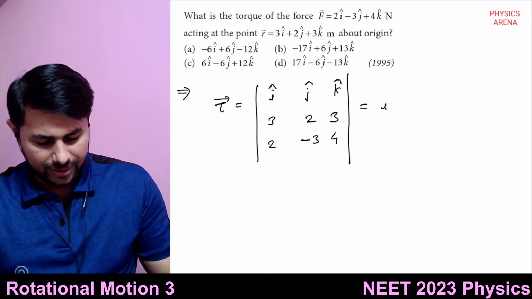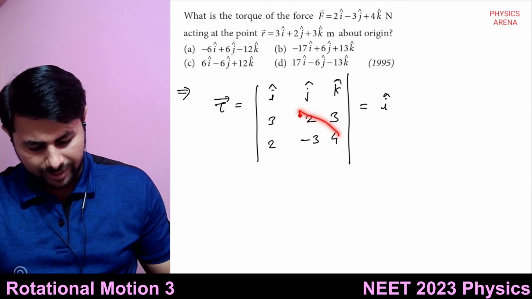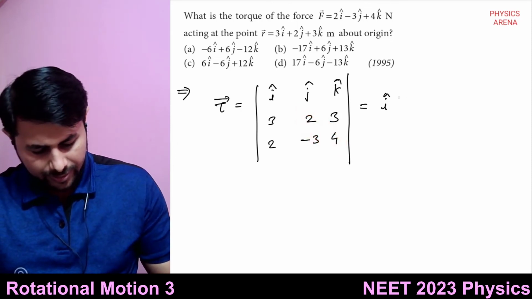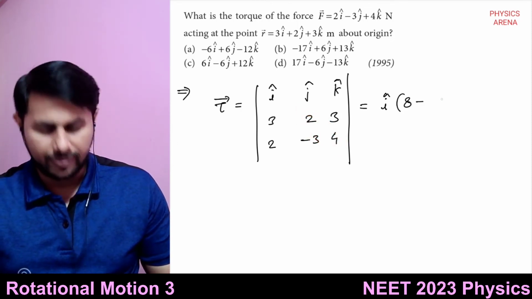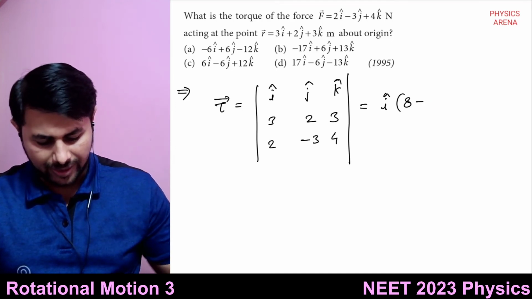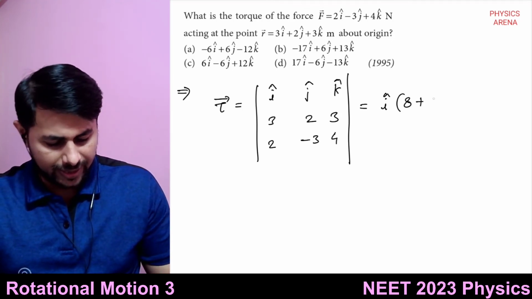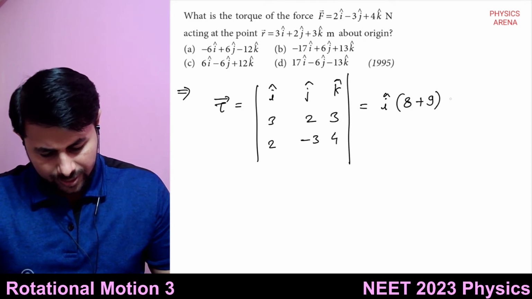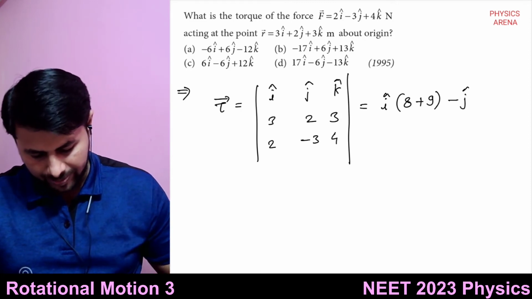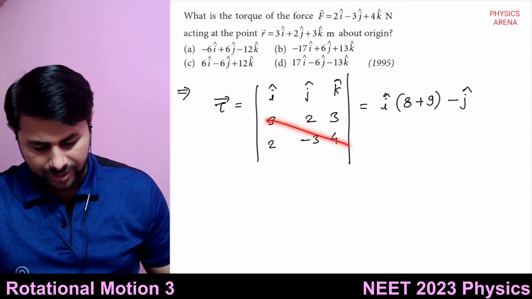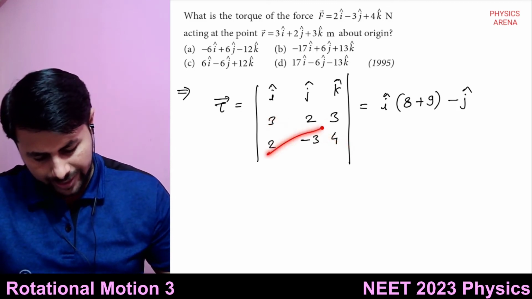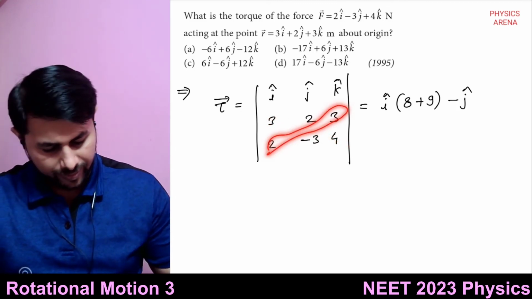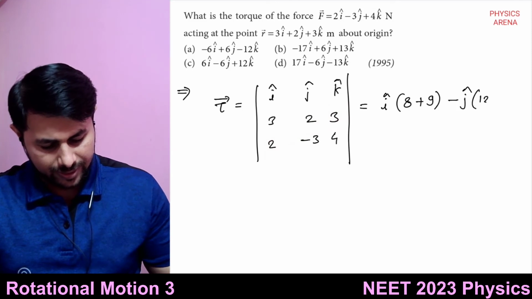Then this K cap multiplied by 2 times 4, it's 8 minus 9. Okay, minus 3 times 3, minus 9. So minus minus plus, minus J cap multiplied this times this, so 12 minus 6.